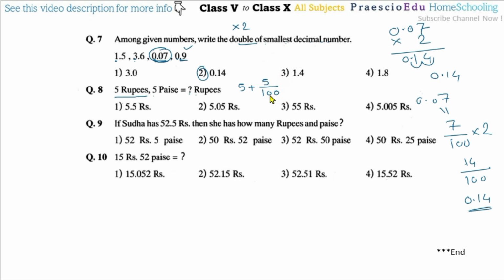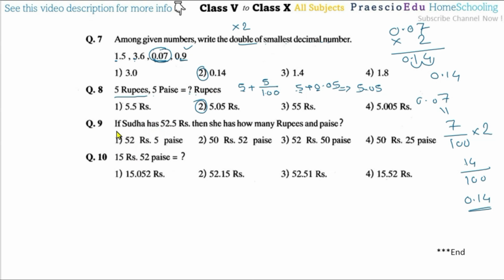So 5 by 100 means 0.05. So this 0 and this 5 have to be added. So 5 plus 0.05, the decimal point as it is, and then 0 and 5 also as it is. So this is 5.05 rupees. So this is given in option number 2.